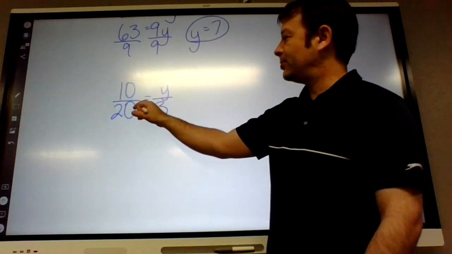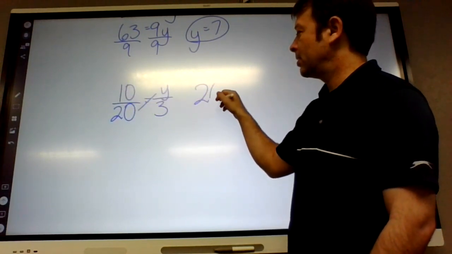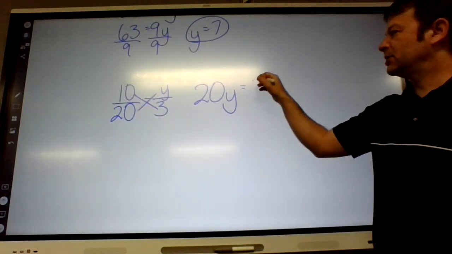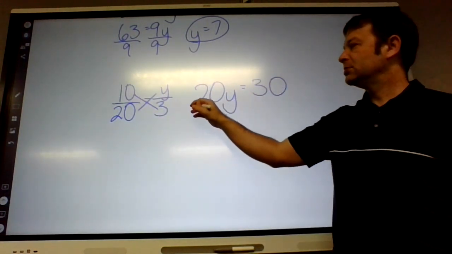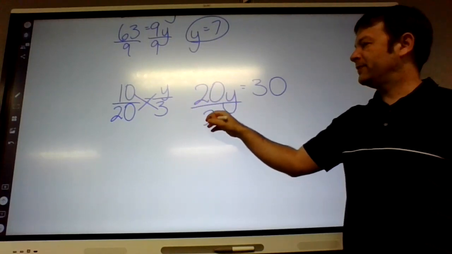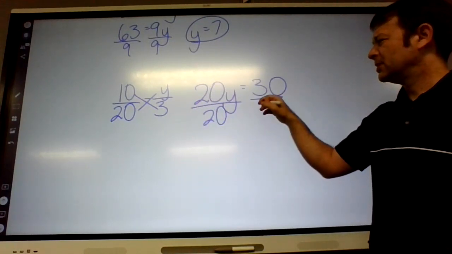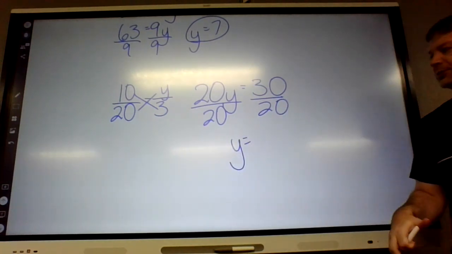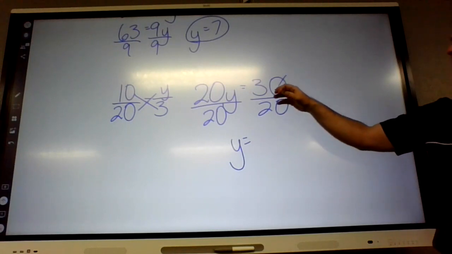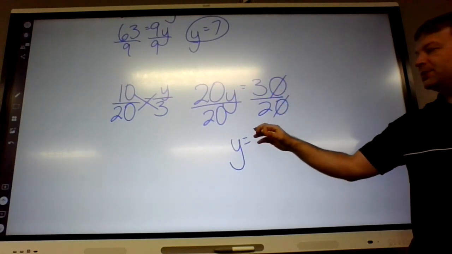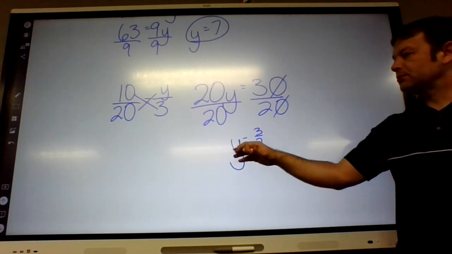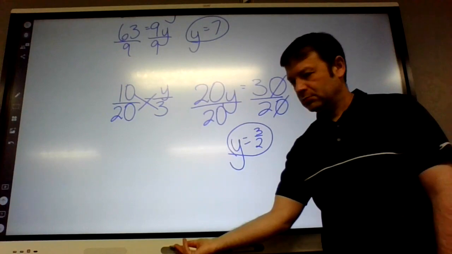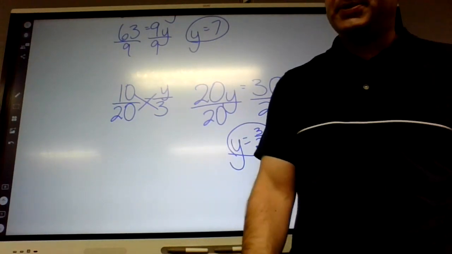So 20 times y equals 10 times 3, 30. To solve for y, we're going to divide by 20. What's 30 over 20 reduced to? 3 halves. If you divide by 10, it just reduces to 3 halves. That's it.